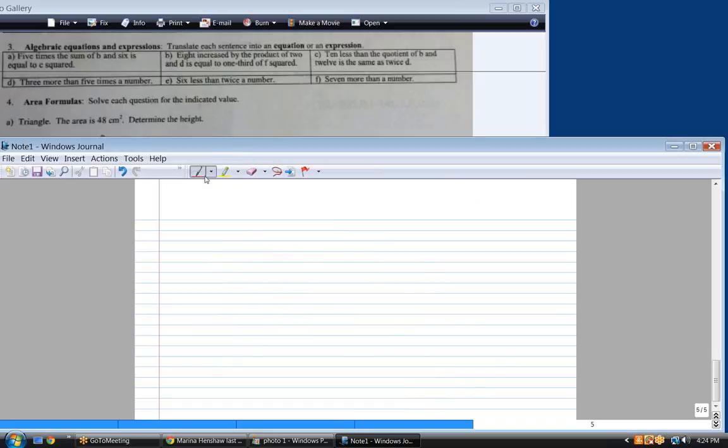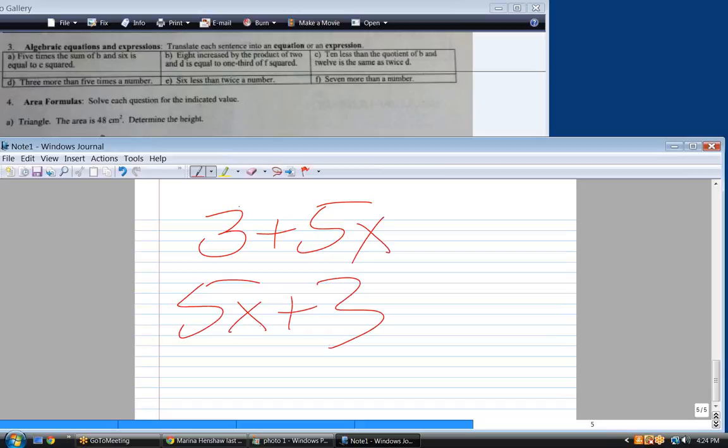Is that the same for addition? Because in problem D it says more than, so it'd be like x plus. Yeah, the difference is this. When you're adding, you can switch them and it won't matter. When you're subtracting, it definitely matters. In other words, when I say 3 more than 5 times a number, I could have written it like this just as easily and it would be just as correct.